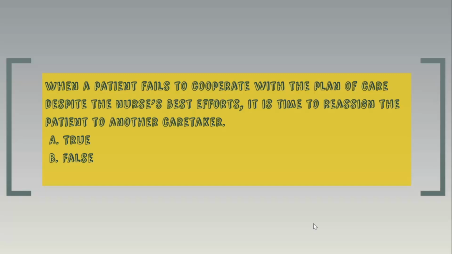But we want to really work with the patient, maybe help them, encourage them, redirect them, maybe work with them a little bit. And remember, not every patient wants to change the things that you think they should be changing. If you know that they have lung cancer and we want them to stop smoking, but they continue to want to smoke, sometimes there's just nothing you can do about that, and you just need to be okay with that. Okay?